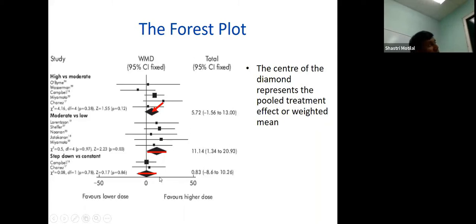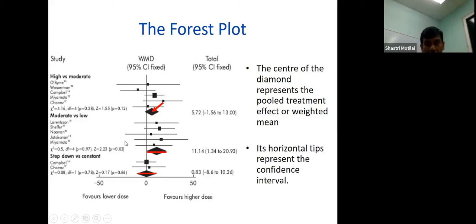The center of this diamond might be a little bit more than 10, right? Now, the horizontal tips or the width of the diamond, represented here in this line, refers to the confidence interval. Just like we can have a confidence interval for the finding of an individual study, we can have a confidence interval for the diamond, which represents all the studies above.